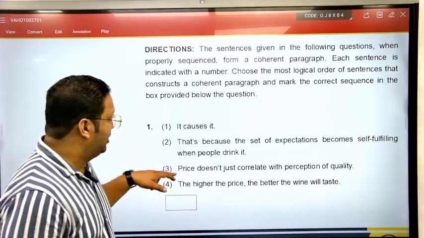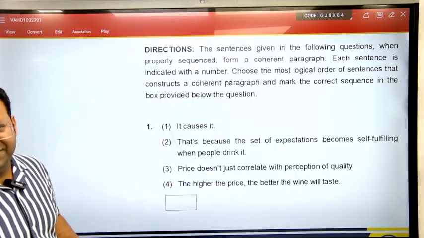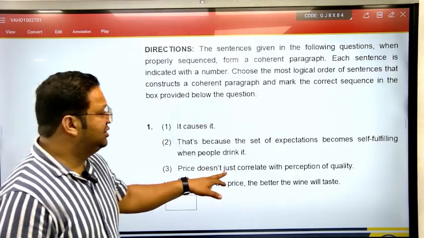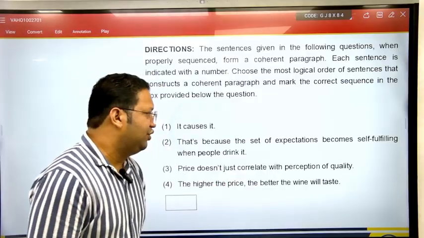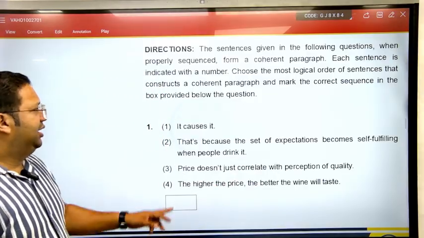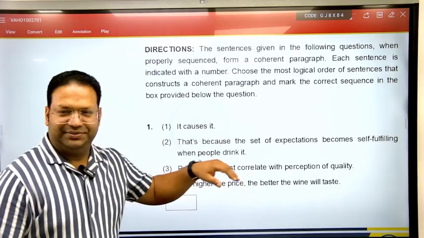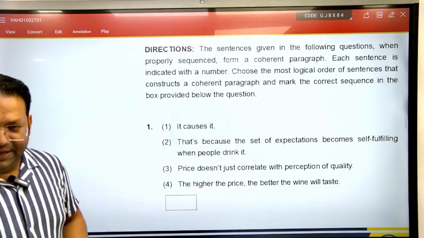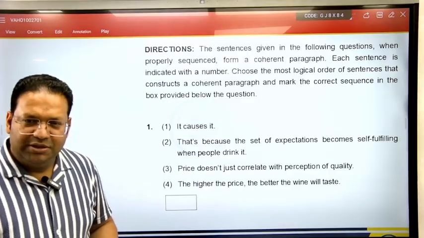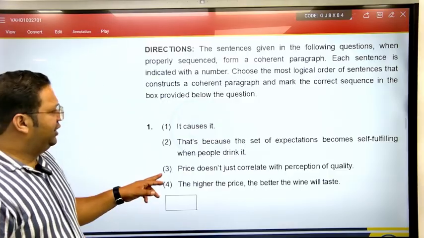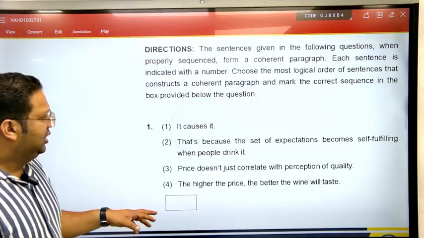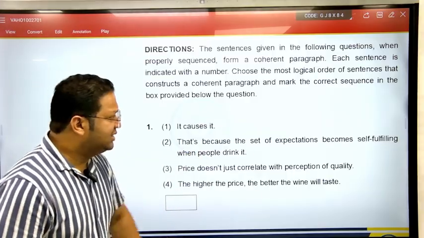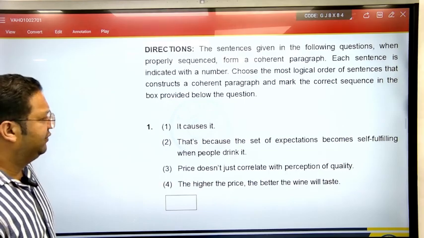So acha, 1 and 2 are correlative. 'Price doesn't just correlate with perception of quality. It causes it.' It causes it. What? Price. And over here, 'That's because the set of expectations becomes self-fulfilling when people drink it.